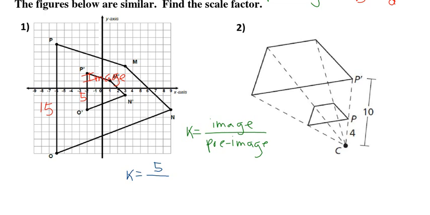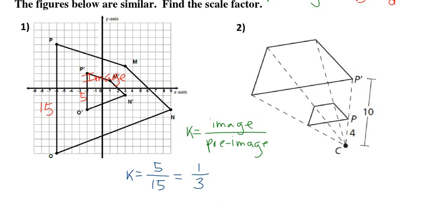And the 15 goes here on the denominator. Of course, you can always simplify this, and in simplest form, this would be 1/3. So this is the scale factor that was used to create the image, given that you have the pre-image.